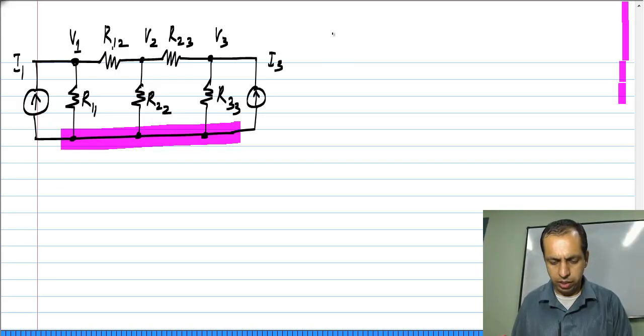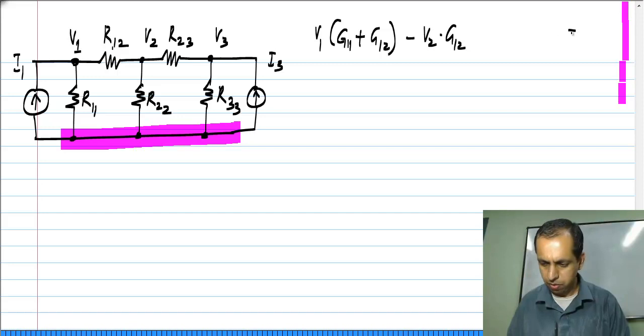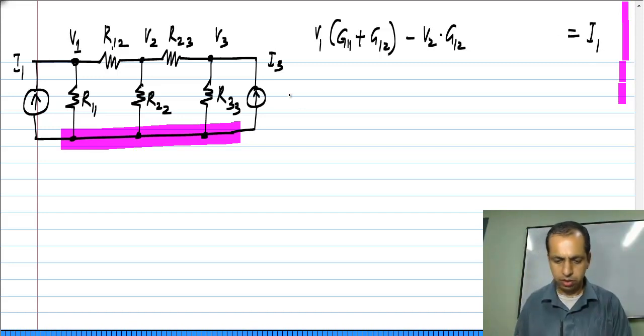At node 1, I had V1 times G11 plus G12 minus V2 times G12 equals I1.